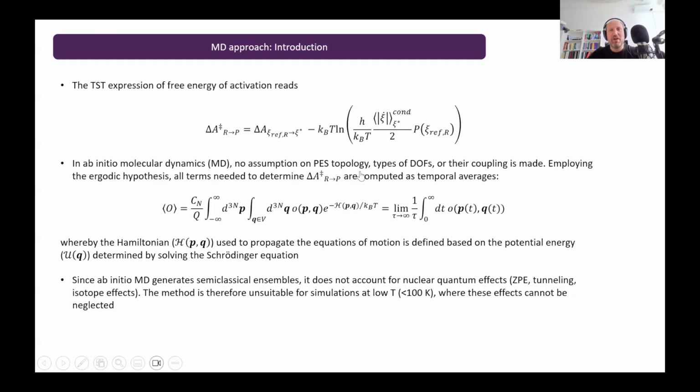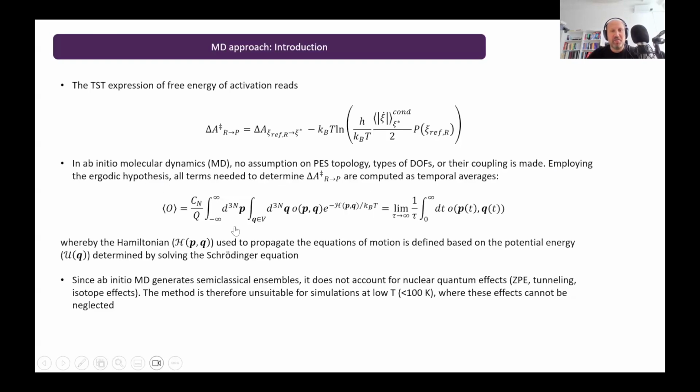In particular, we will not assume any special potential energy surface topology. We will make no assumptions about the quality and the types of degrees of freedom we will deal with. And we will make no assumption about the quality of coupling between different degrees of freedom. In molecular dynamics, we employ ergodic hypothesis to express ensemble averages.